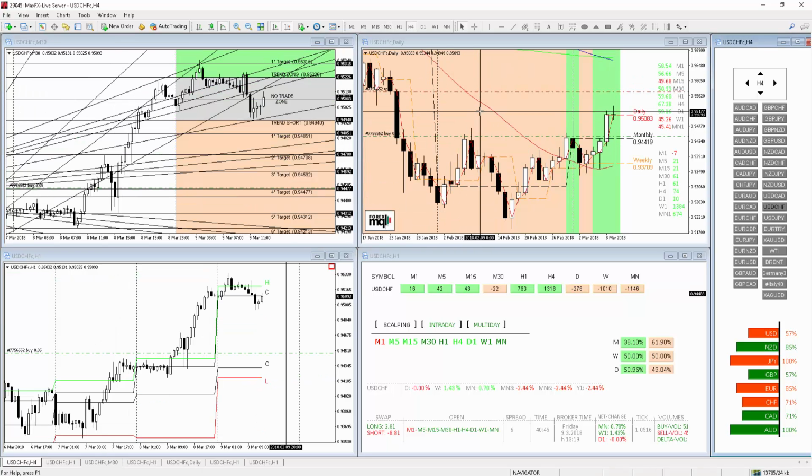After the breakout of the previous daily high, US dollar Swiss franc is now presenting a daily doji, with the price on the daily opening at 0.9508. Right now we have a bullish price action from the scalping to the multi-day level and a breakout of the previous highs on M30, H1, the weekly and the monthly time frame, and the RSIs turning above 50 up to the daily time frame.